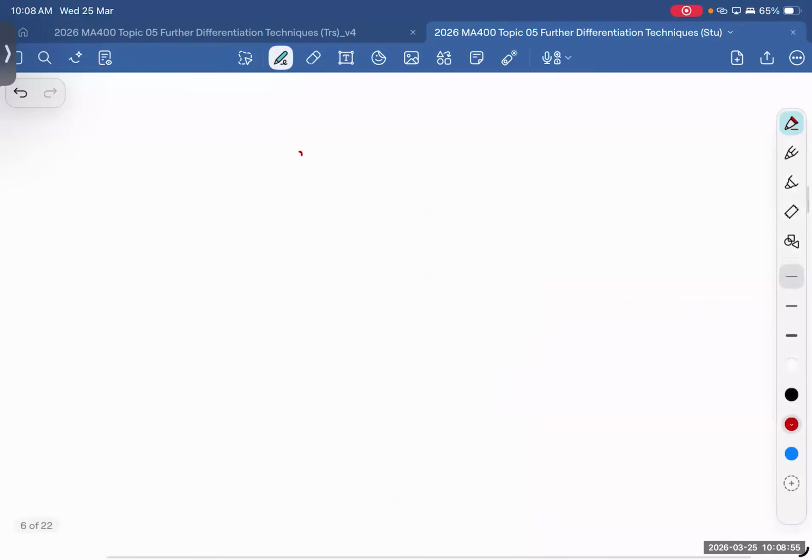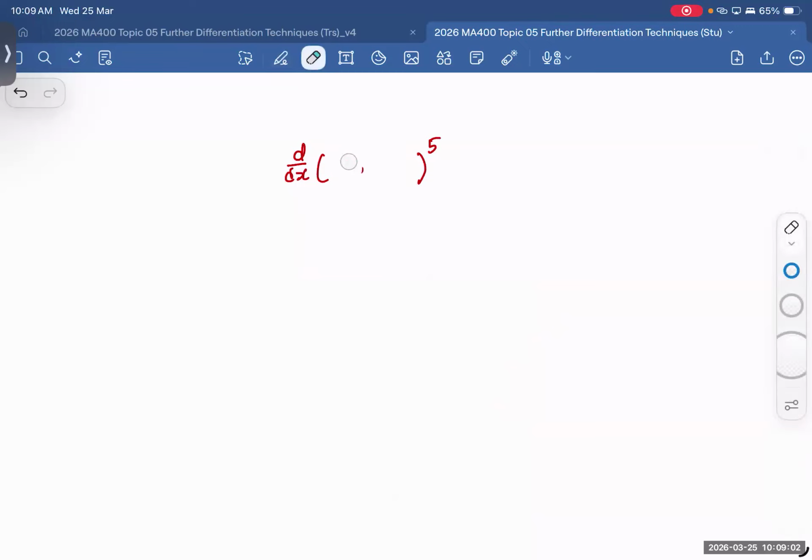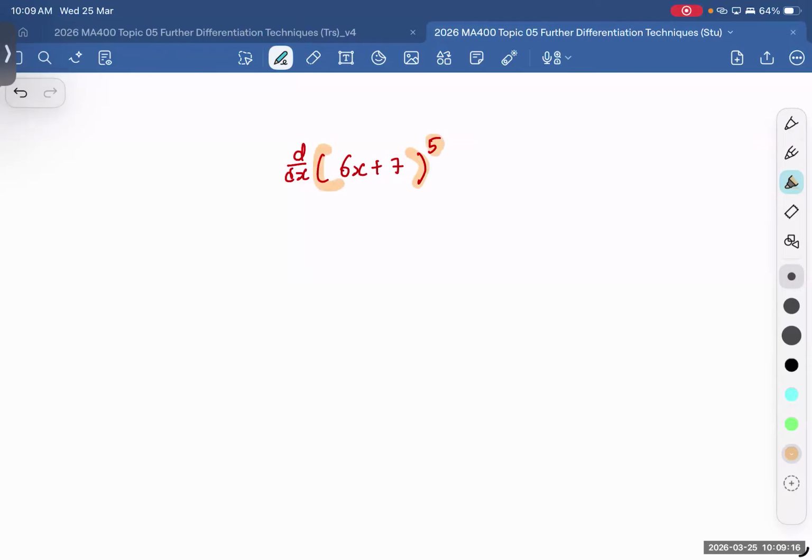For example, last time, when I asked you to differentiate 6x plus 7 to the power of 5, what do I differentiate first? I look for where's the outer function.